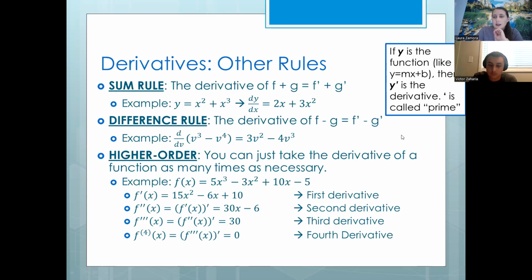But there's a question in the chat that I want to just quickly address. How do we know the difference between a higher derivative versus a regular exponent? That's a great question. You're going to look at context and also just the fact that typically exponents are not written in parentheses if it's just a number.